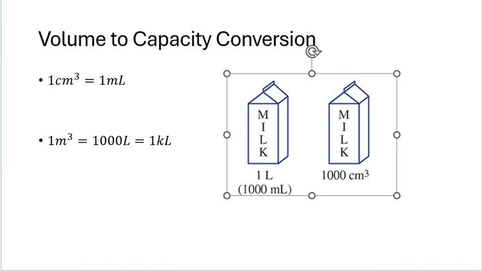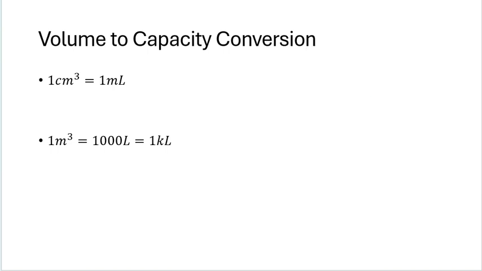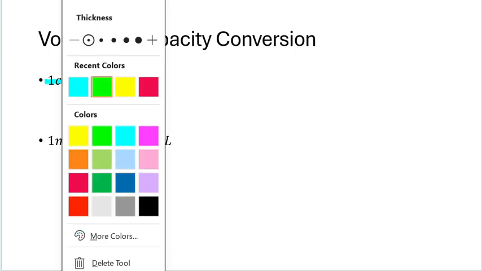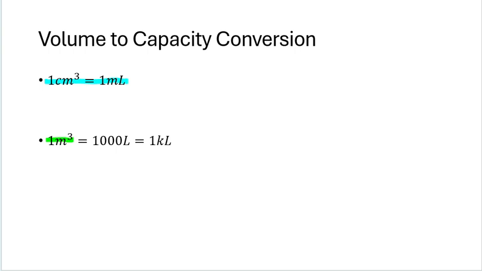Now, the next thing you'll need is this special conversion here. You need to know this. So just know that 1 centimeter cubed equals 1 milliliter, and 1 meter cubed is equivalent to 1,000 liters.